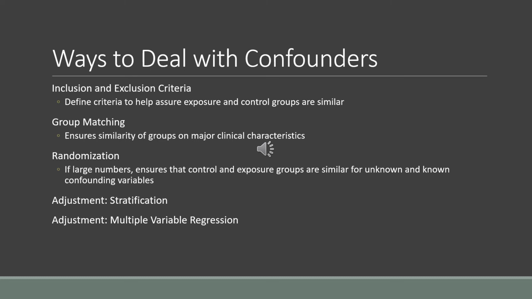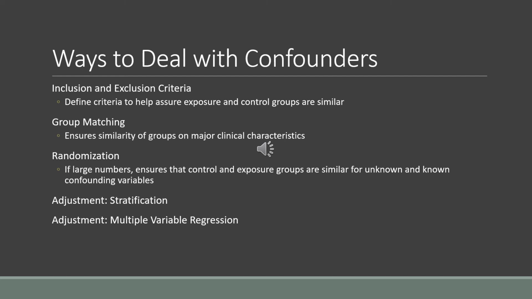So there are a number of ways to deal with potentially confounding variables. Some of them involve the ways that you can design your study, and then some of them involve adjusting for them in your study when you find that they're there. So ways to design your study to exclude confounders would be to define your inclusion and exclusion criteria carefully.